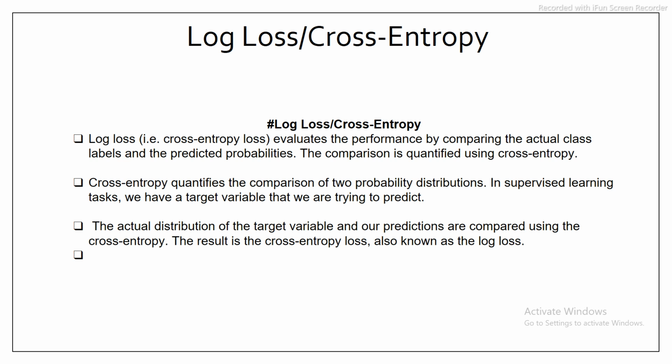So log loss or cross entropy is just the comparison of the predicted class. Log loss will give you some kind of a probability score. Let's say you are getting a log loss of 40%. In that case, your model has a probability of predicting that class of only 40%.